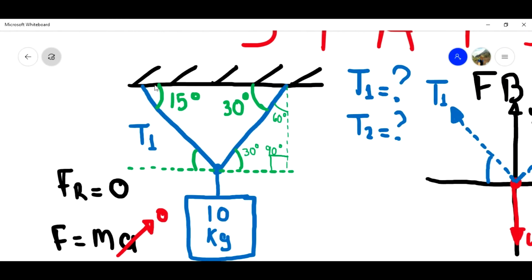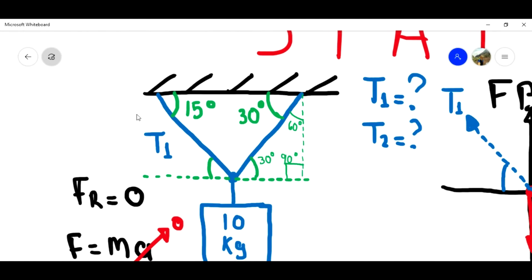Another way to do it is, for example, if you see this angle over here and this angle over here, they are alternate interior angles. I hope you remember from math that alternate interior angles are exactly the same. So that means that this angle is 15 degrees.